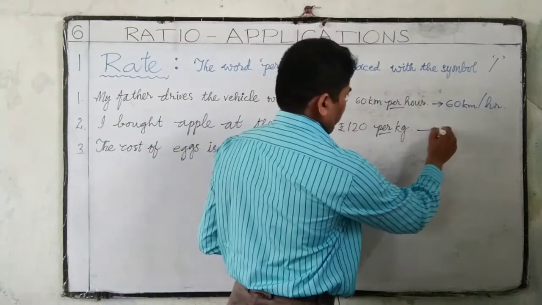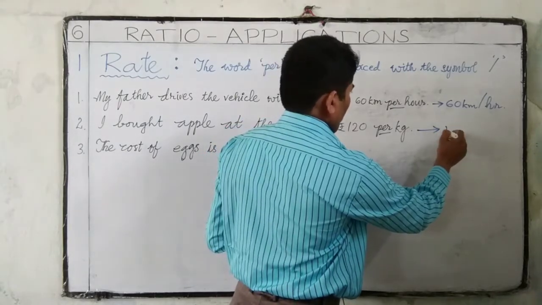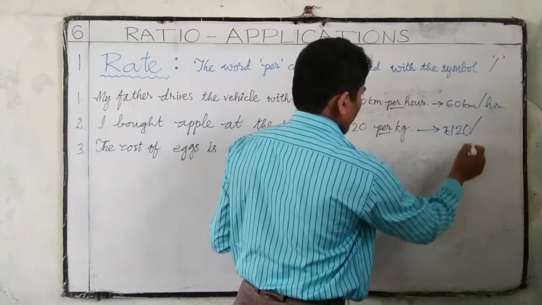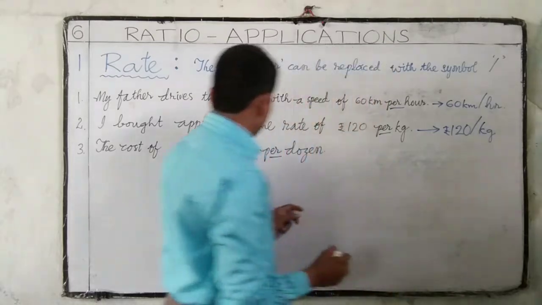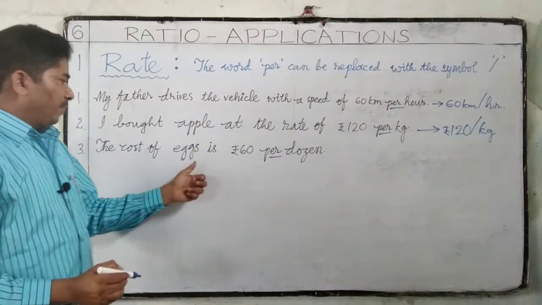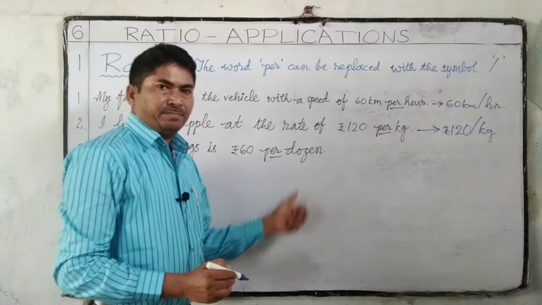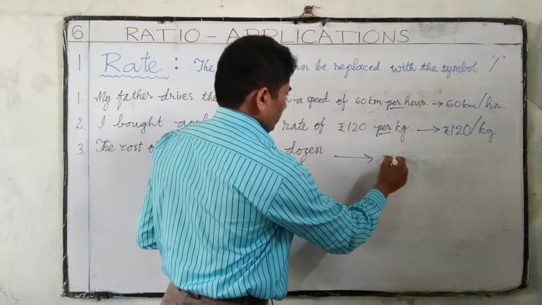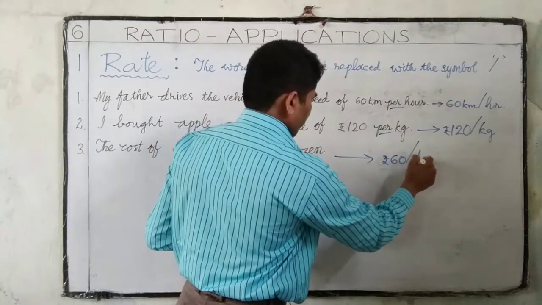We can write this as rupees 120 or 120 rupees per kg. The cost of eggs is 60 rupees per dozen. We can write it 60 rupees per dozen.